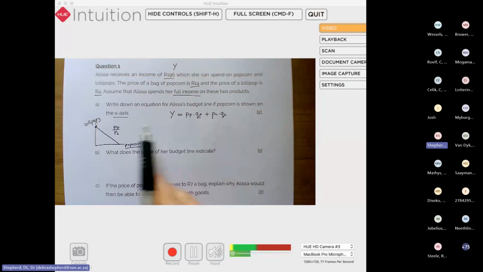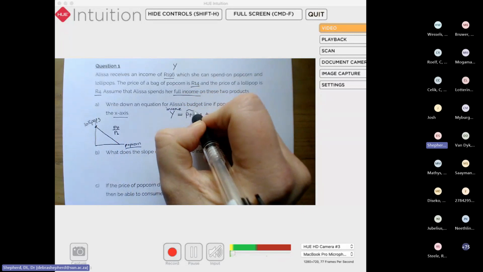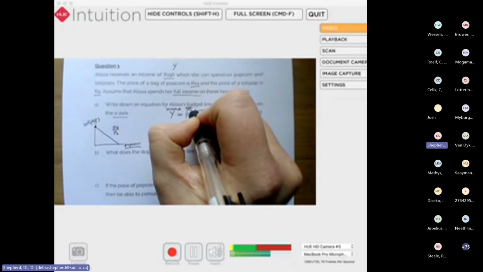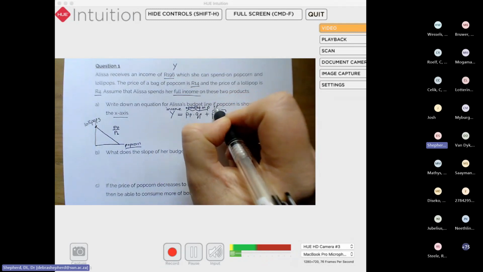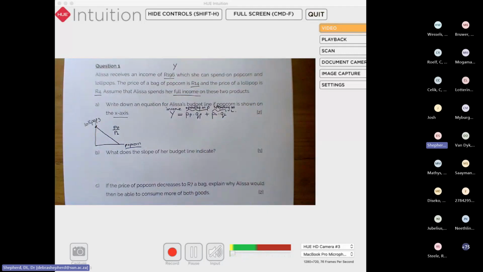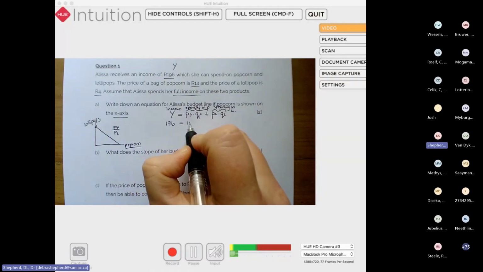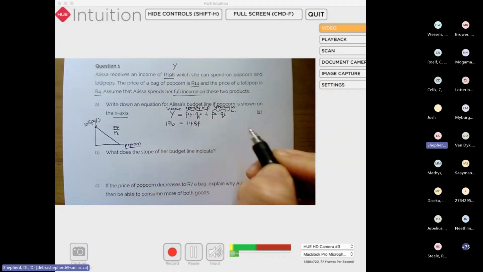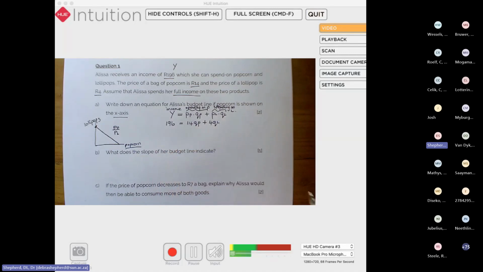This equation defines the budget line. So this is saying everything she has, she spends. So this is spending on popcorn, and this is spending on lollipops. Now I'm just going to sub in the values. So 196 is equal to 14 times the quantity of popcorn plus 4 times the quantity of lollipops.